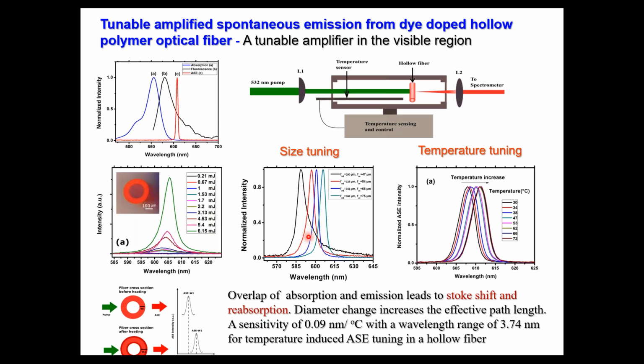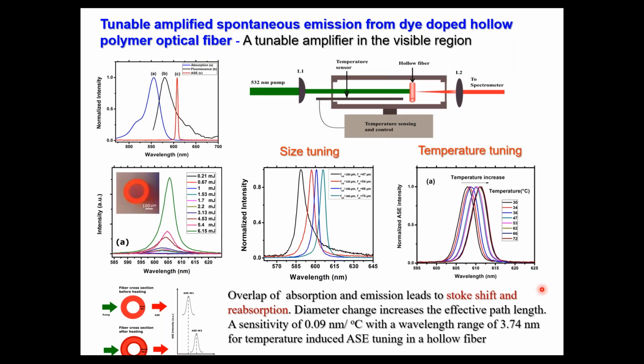That is coming out as the amplified spontaneous emission. But the lower portion of each of these curves is reabsorbed by the same material. So you can see there is a spectral overlap, that is absorption and emission, they are overlapping. Because of this overlap, the lower wavelength region will be reabsorbed by the same material.